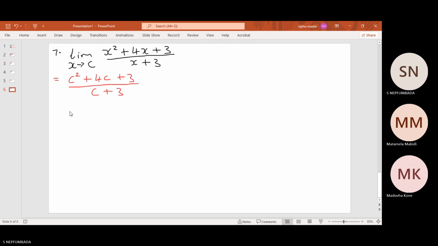Are we good? So now we factorize the numerator. So this is c and c, and we've got 3 and 1. This is plus, this is plus. Then that one and that one cancel. This one and this one cancel. Then we're left with c plus 1.